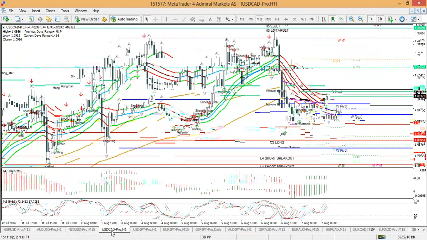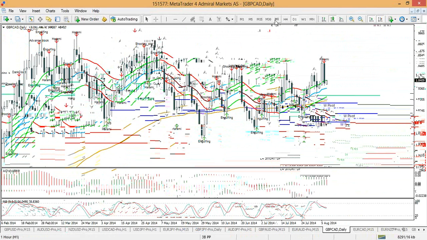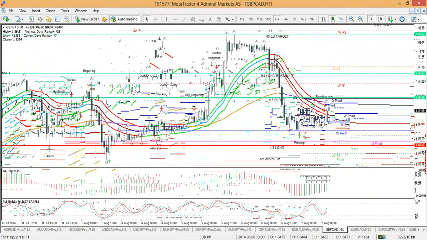But the CAD has obviously moved up a lot in weakness against the pound, against the euro, against the dollar, so we could see follow through. Made a sturdy retracement yesterday. The pound CAD is one of them we discussed, I think, yesterday. And I was saying that there could be some downside from here, remember?